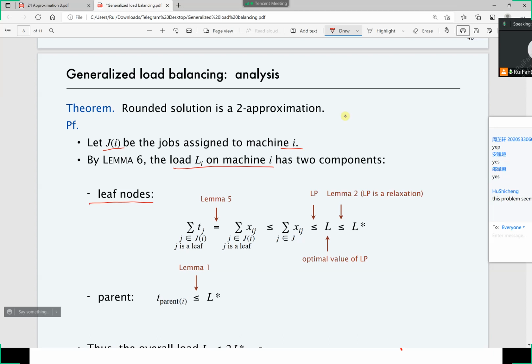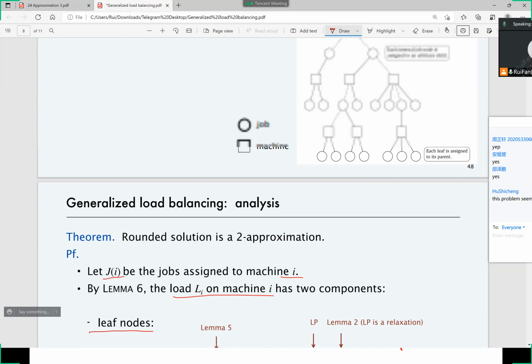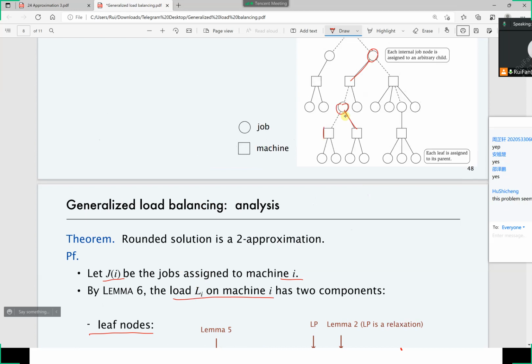We're going to look at the leaf nodes first, the amount of work this machine gets from its leaf nodes. For example, this machine over here has to process all that work, but let's see how large that work is.